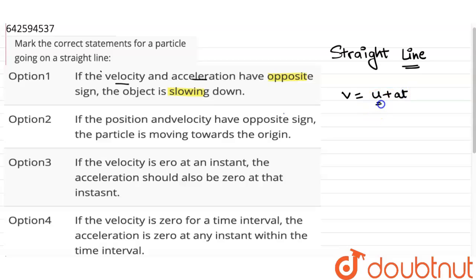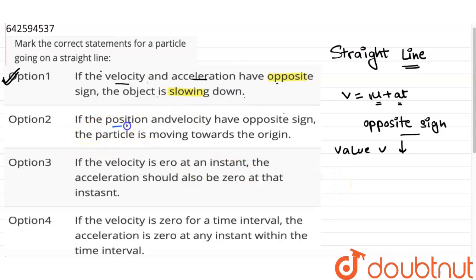Now, if the initial velocity and acceleration are of opposite signs, we observe that the value of v decreases, and hence option 1 is correct, that velocity and acceleration have opposite signs, the object is slowing down. Okay, now moving on to the second option. Let's see what it says.